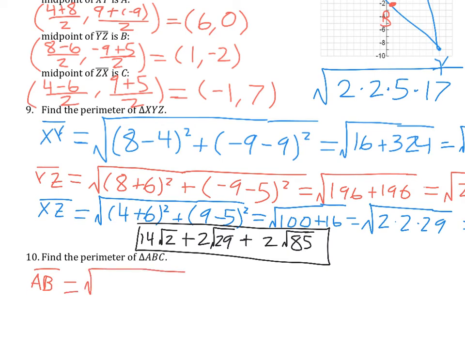So for AB, I do 6 minus 1 squared plus 0 minus negative 2 becomes plus 2 squared. This becomes 5 squared, which is 25, plus 2 squared, which is 4. So radical 29.